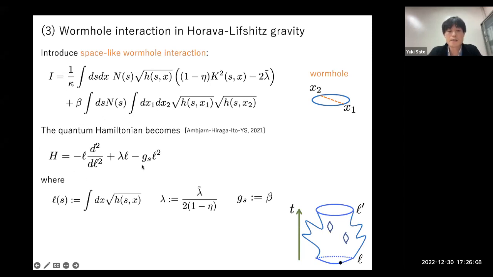So again, this is exactly the same as the one including all possible wormholes in CDT. And this coupling constant beta is equivalent to the string coupling constant G_s. So in the Horava-Lifshitz case, we can just simply include a bilocal interaction to include all possible wormhole effects.